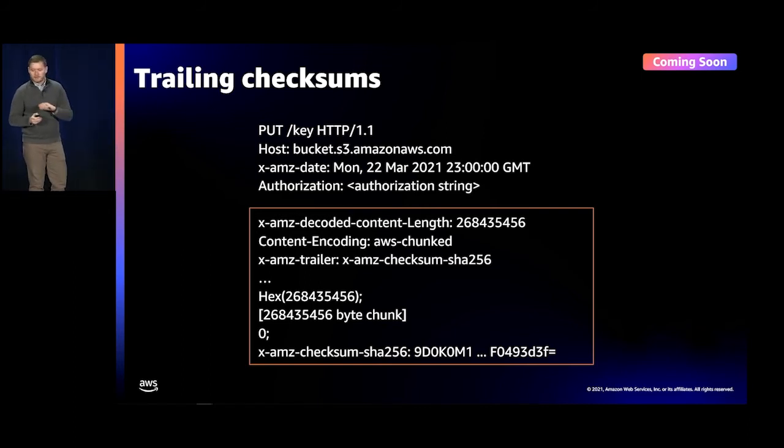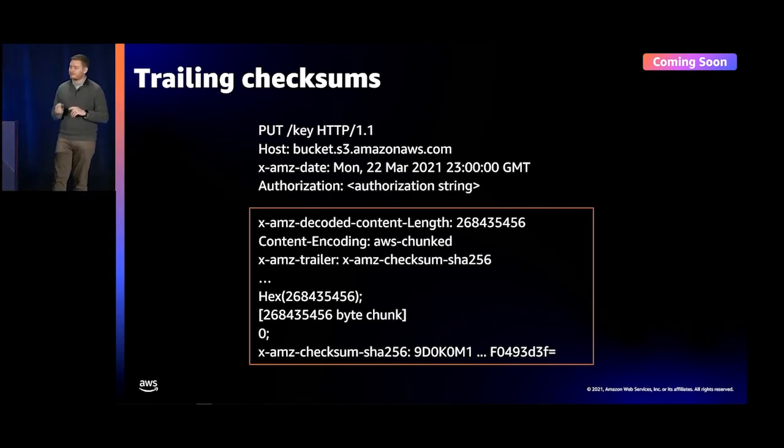You can see that we specify an x-amz-trailer header telling us that you're going to send us an x-amz-checksum-sha256 value in that trailer. And then you include that data after you send us the object. Previously, all additional data that you sent to S3 had to be in the header of the request, or before the object data.